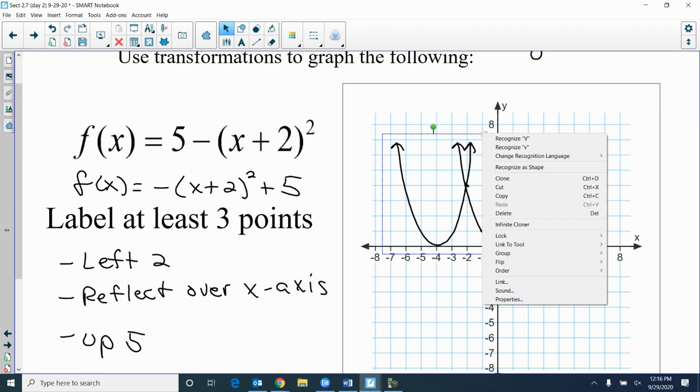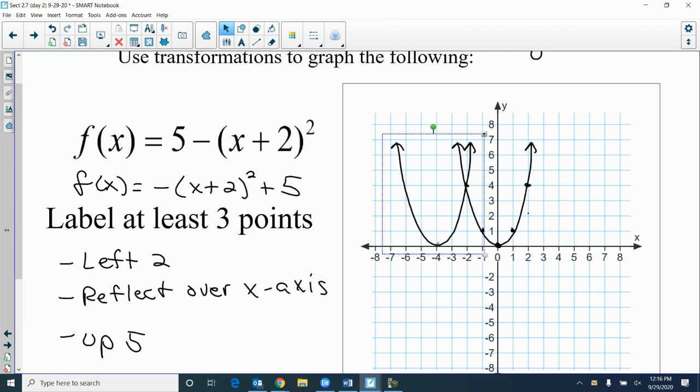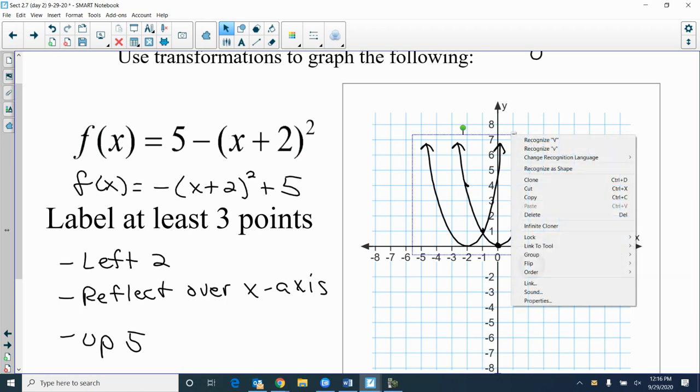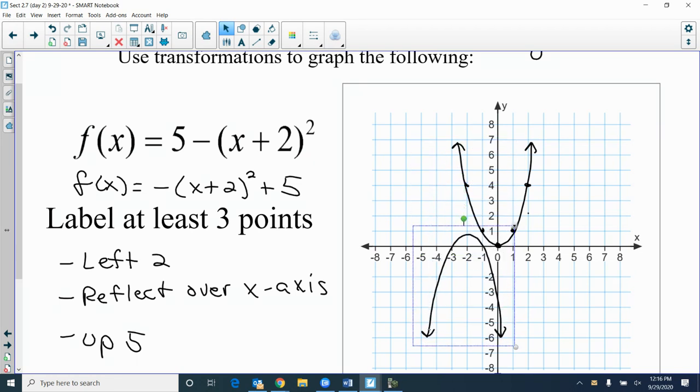Because I was seeing if you were paying attention. And you were, so it's only 2 to the left. That's why. And I'll flip it, which reflects it over the x-axis, and then what do I have to do? Go up 5. And so it looks like that.